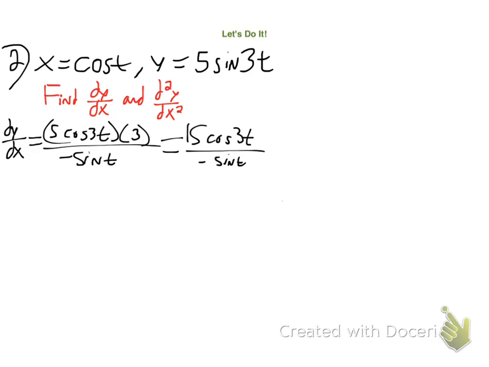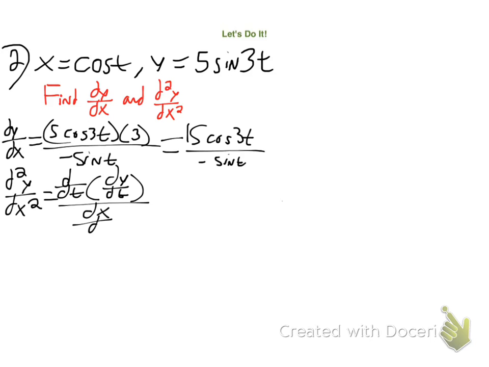Anyway, the second derivative, once again, is just following the formula. This was the derivative with respect to t of dy/dt over dx/dt. This was the formula for the second derivative, if you do not remember.